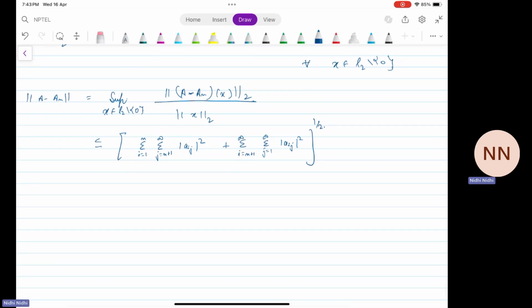Now this is less than or equal to, I can interchange because i and j are independent.